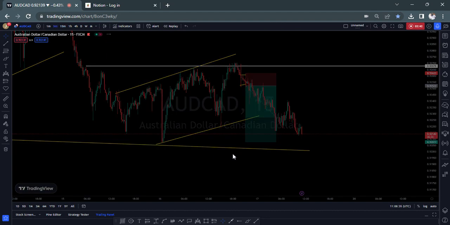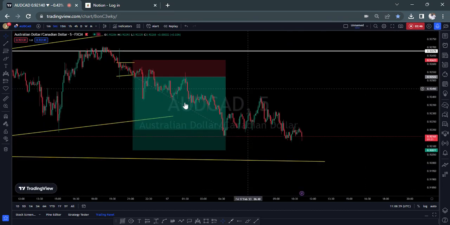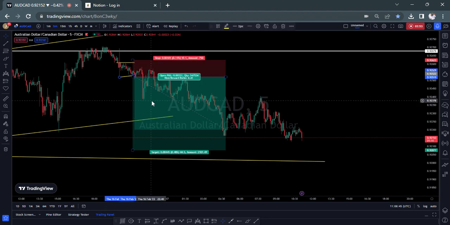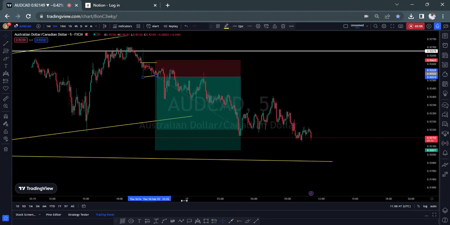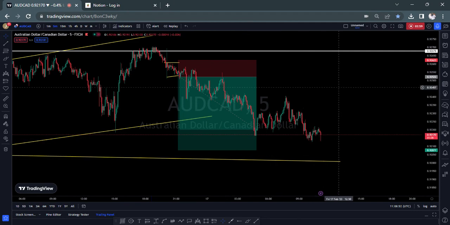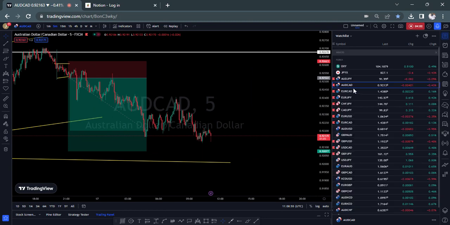I said I would wait for a flag. Although I saw a flag, the flag was not really that clean, and I didn't take it. And this morning when I woke up, I saw that it has impulsed and it's actually going in my favor. So that's all for AUD card.